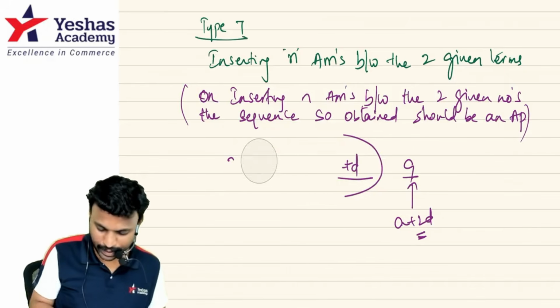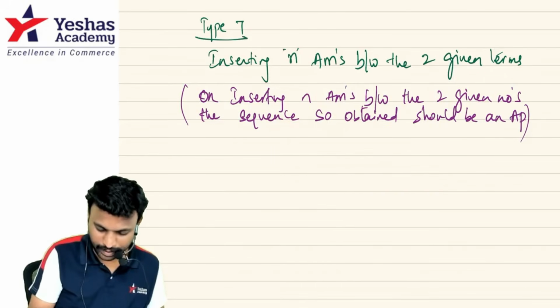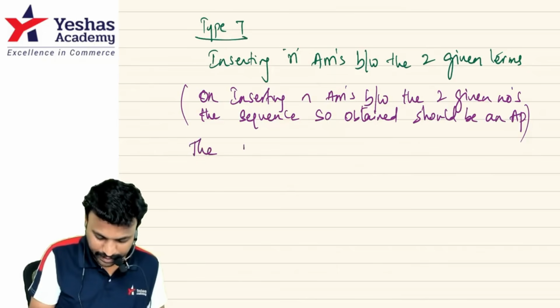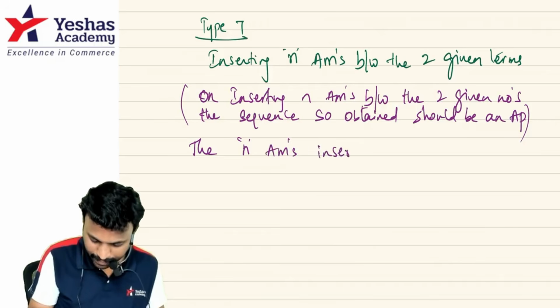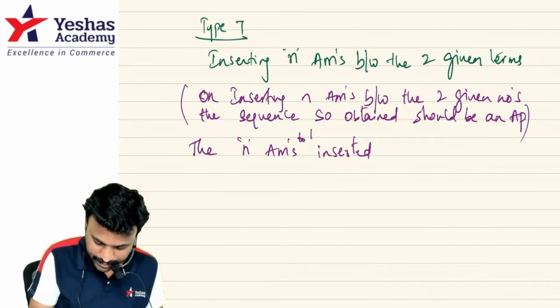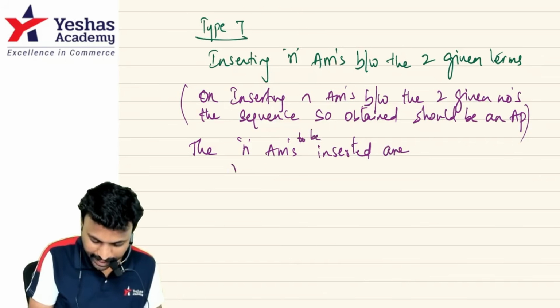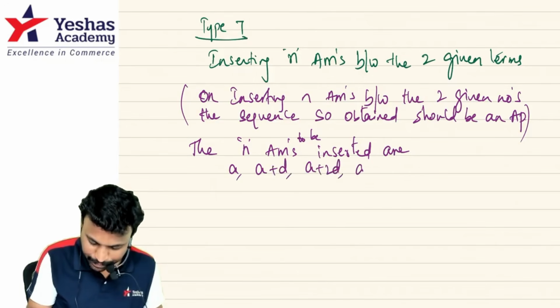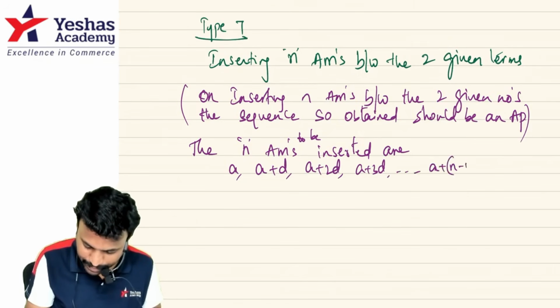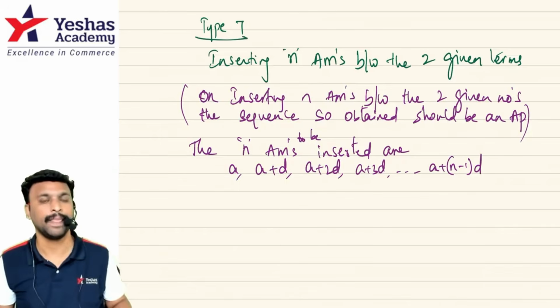Write down: the n AMs to be inserted are a, a plus d, a plus 2d, a plus 3d, and so on. The last arithmetic mean is a plus n minus 1 into d.